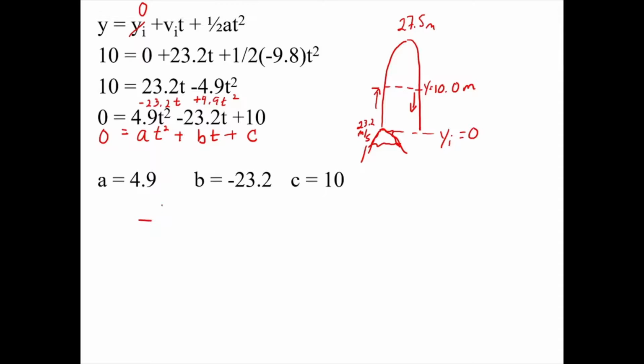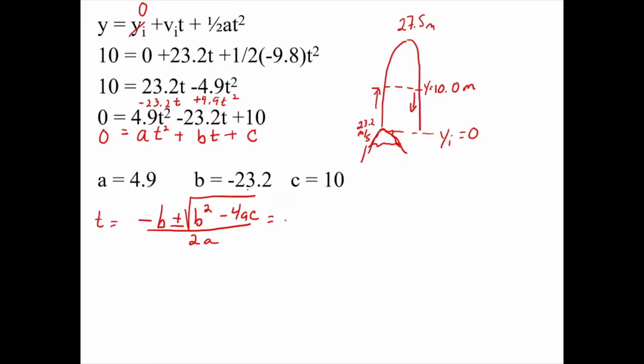So let me remind you, it's negative b plus or minus the square root of b squared minus 4ac, all over 2a. Oops, I forgot my c there. Now, I'm not going to go through every algebra step here, and this is what t will end up being equal to.